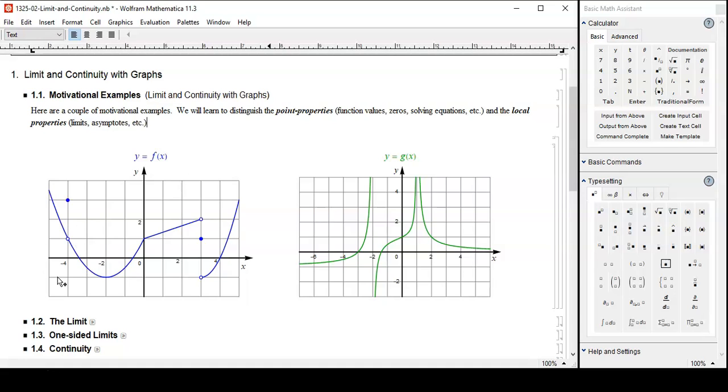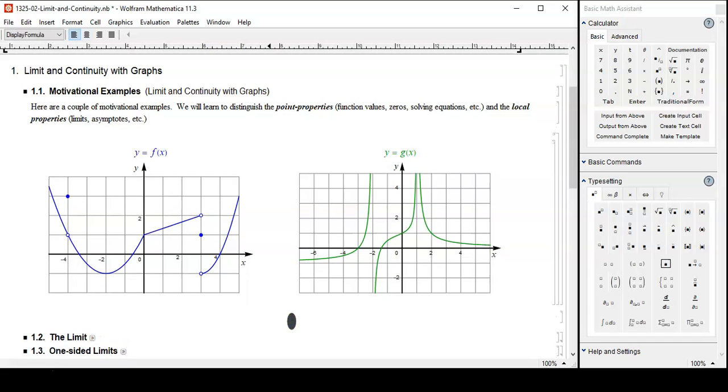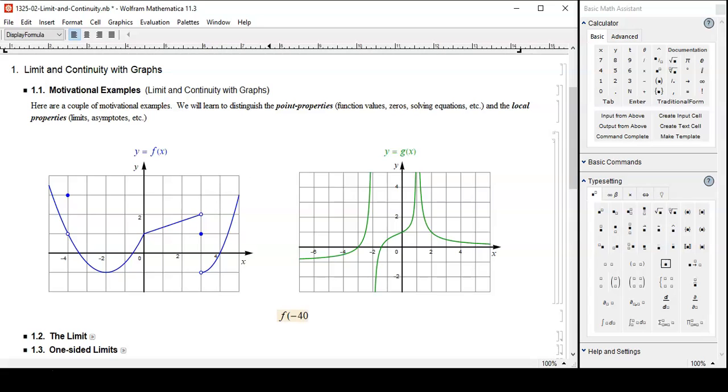Let's go to this example here. Let's look at x equal to -4. What is my function value at x equal to -4? That y-coordinate is right here, the solid dot. This is emptied out, so this is just a placeholder. This is not part of the graph. This one is.